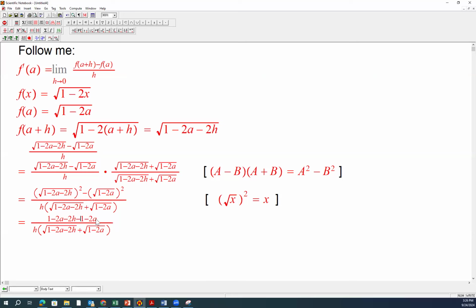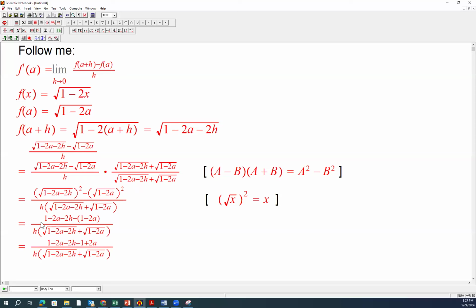If I don't, you see, I put a 1 minus a here, but in front of the negative, there's a subtraction. Subtracting the whole of it. So here we need to insert a parentheses. If you don't insert this parentheses, you should have minus 1 plus 2a. Okay, which is our next step. Okay, minus 1 plus 2a.